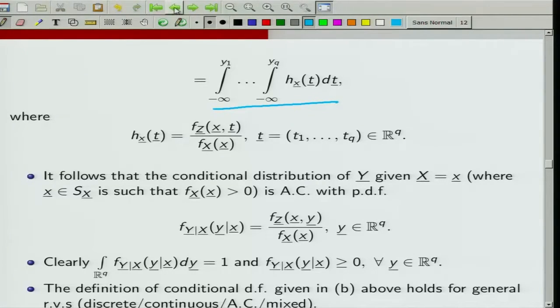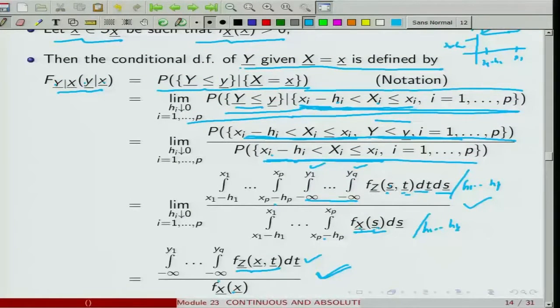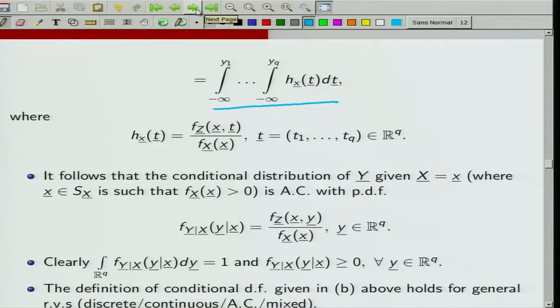Note that here small x was fixed, so I have combined it with f z x t, from minus infinity to y 1, up to minus infinity to y q, f z x t divided by f x x. So, this is h x t, which is nothing but f z x t divided by f x x, where t is t 1, t 2, t q belonging to R.